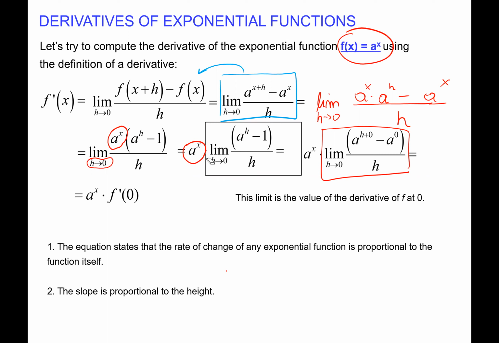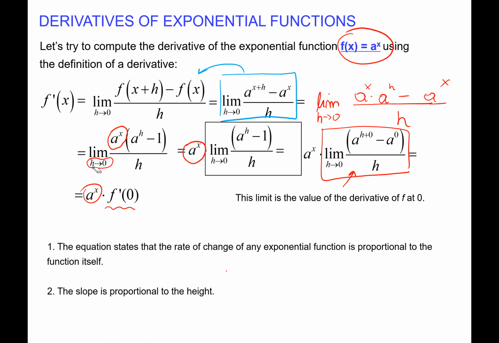That means I have my a to the x, and the box, as I said, is simply the derivative. That means this limit is the value of the derivative of the function a to the x at 0. Makes sense, looks the same. And that means it's an interesting situation. The derivative of an exponential function, first of all, is proportional to itself.